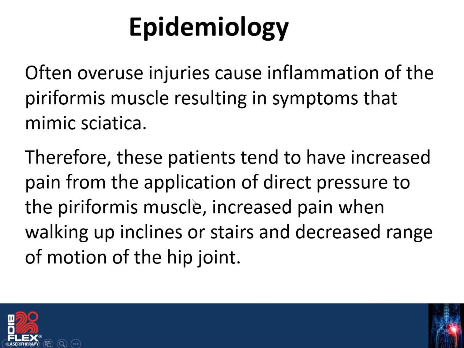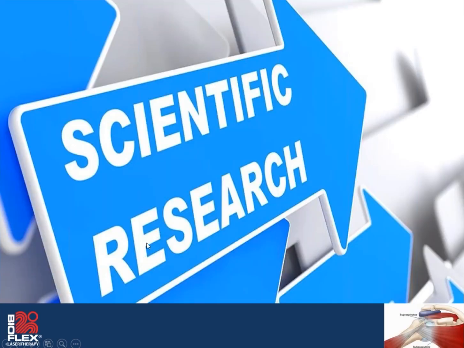So what you tend to see is that these patients' symptoms will be brought on if you put direct pressure over the piriformis muscle. It increases symptom-wise if they're walking up inclines or stairs. And you'll see a decreased range of motion of the hip joint because, of course, the piriformis attaches to the femur and affects movement of the hip joint.